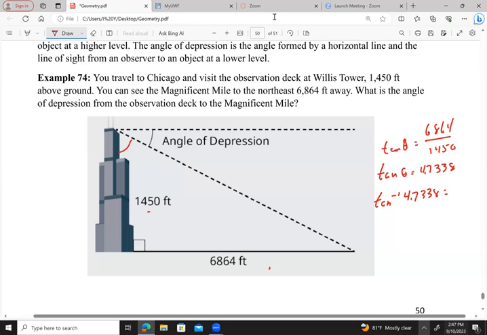I get 78 degrees roughly. So if this is 78 degrees, that makes this 12 degrees.